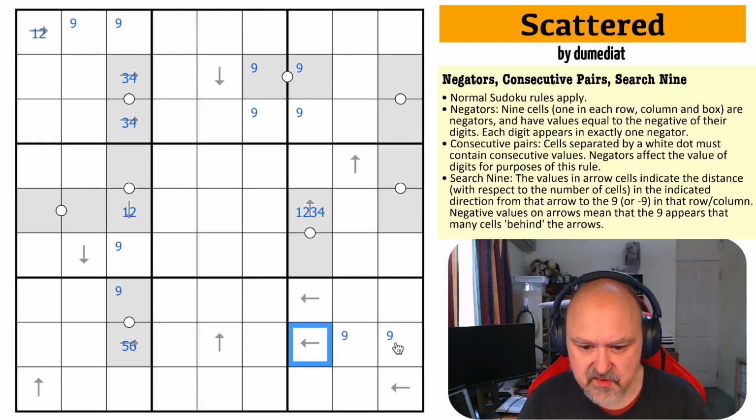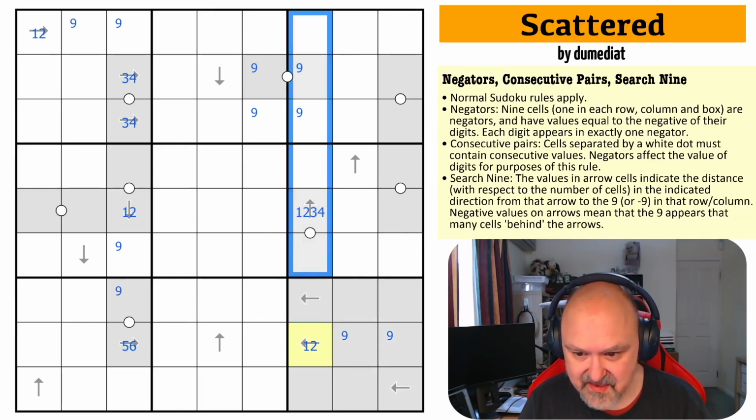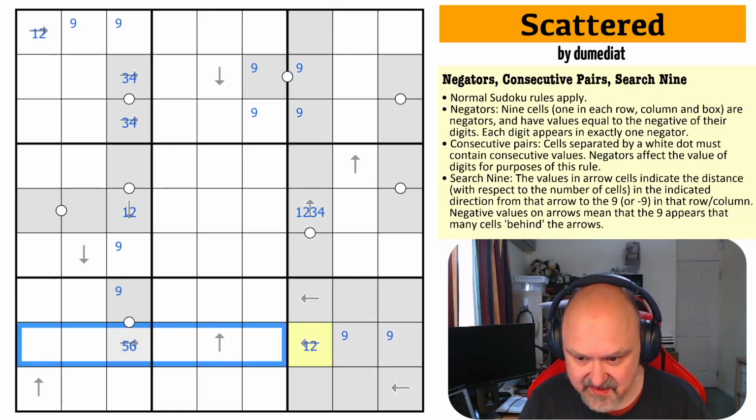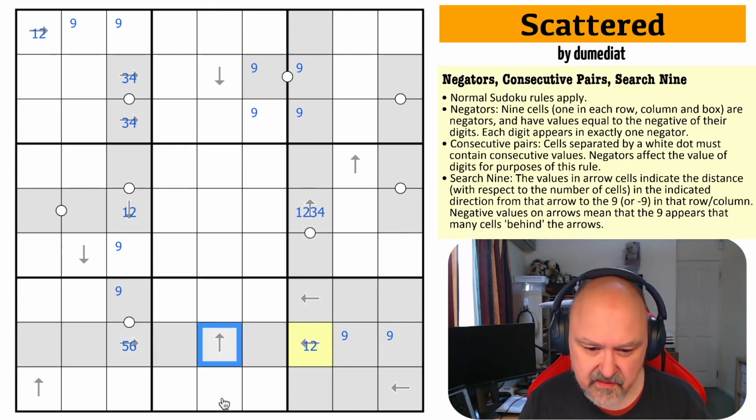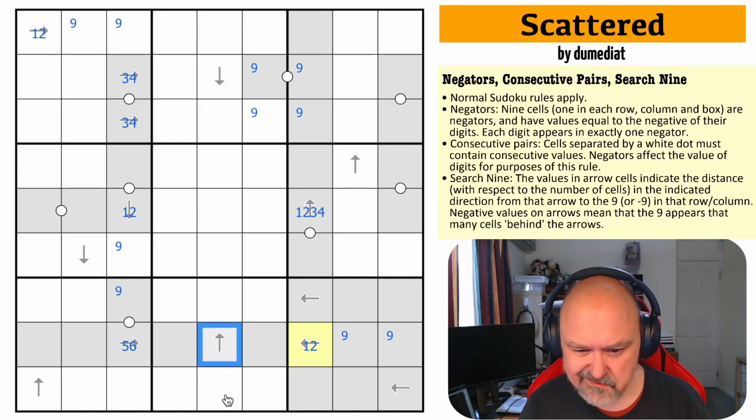So this is a 1 or a 2 because the 9 is here, and this is a negator, which means none of these are negators. So this is now positive. Which just means it's a maximum of 7.